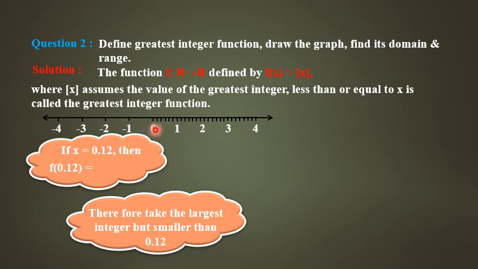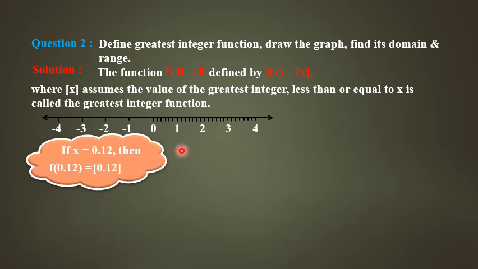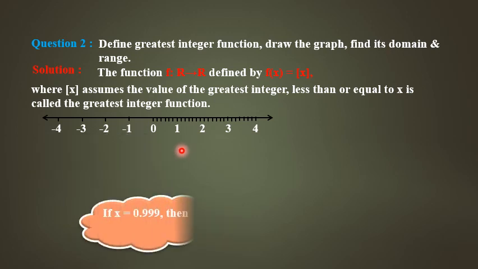Take the largest integer which is not larger than this one. Its left side is 0, right side is plus 1. Out of these two, they are very close integers. So 0 will be the largest one which is not larger than 0.12. So we can take 0. So therefore the value of this will give you 0.